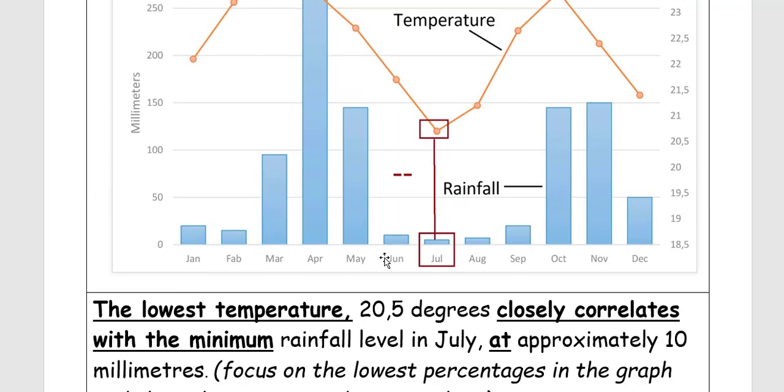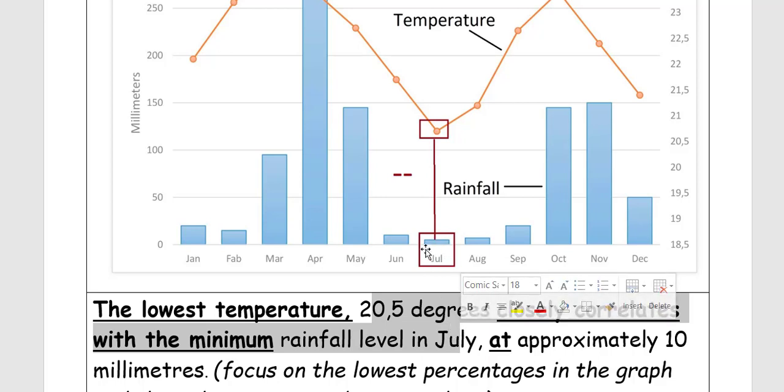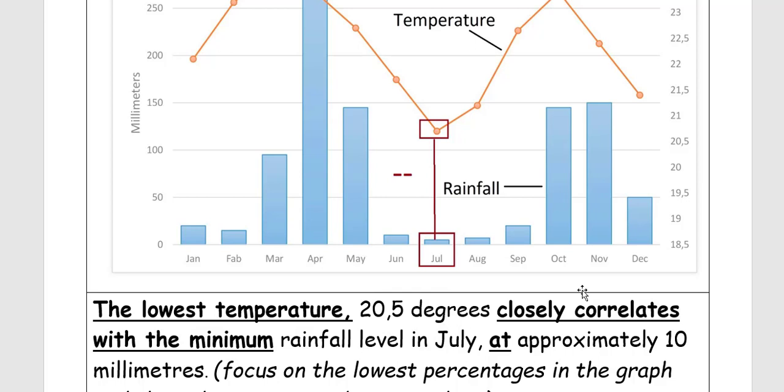The lowest temperature, 20.5 degrees, okay, closely correlates with the minimum rainfall level in July. Now, if you look at the month of July, right, we can see that 20.5 degrees, okay, closely correlates with the minimum rainfall level in July at approximately 10 millimeters, okay, and you can see that this is 10 millimeters, okay.